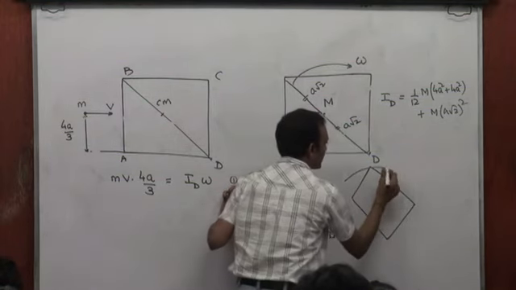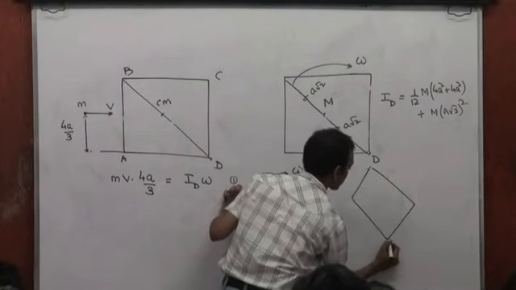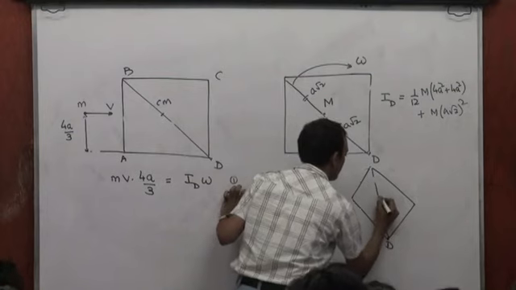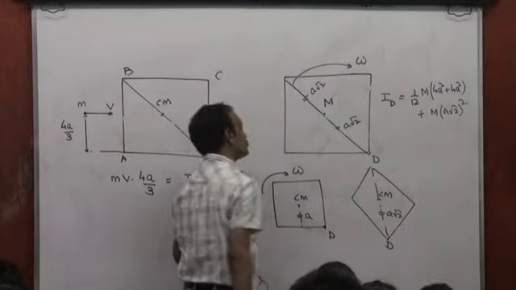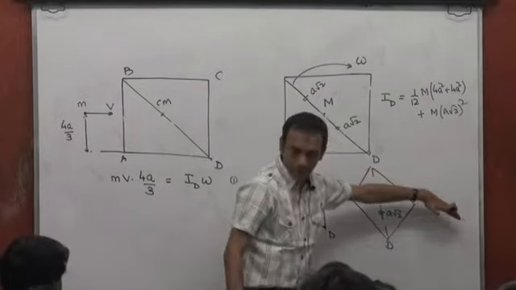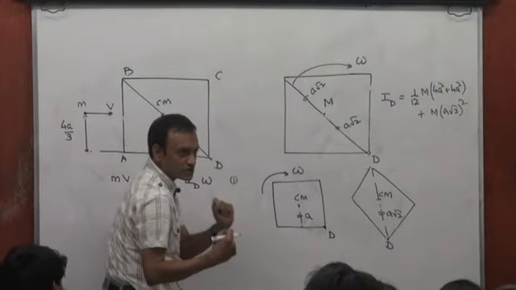If it could rotate to the extent that it could just be brought to this state, where the center of mass is at an elevation a root 2, then of course it will complete toppling. So between these two states, I can conserve energy.